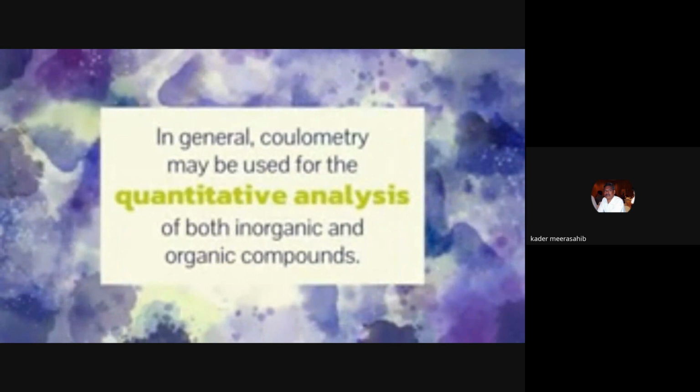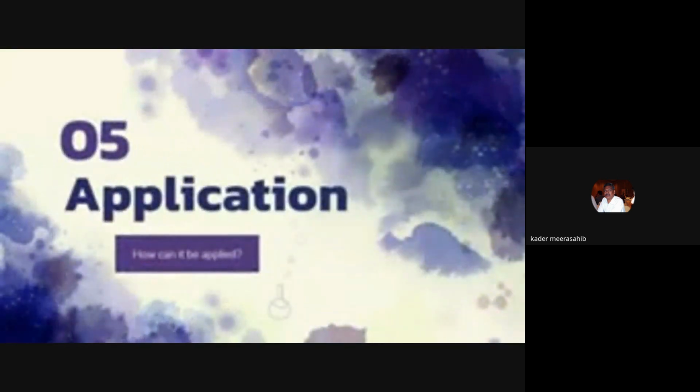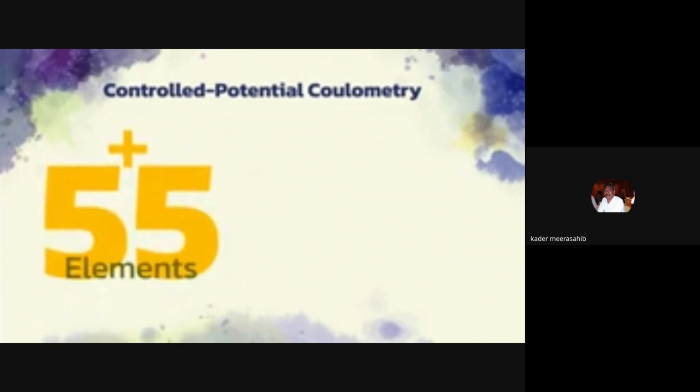In general, coulometry may be used for the quantitative analysis of both inorganic and organic compounds. At this juncture, we will discuss some of the applications of coulometric methods. Controlled potential coulometric methods have been used to determine more than 55 elements in inorganic compounds.